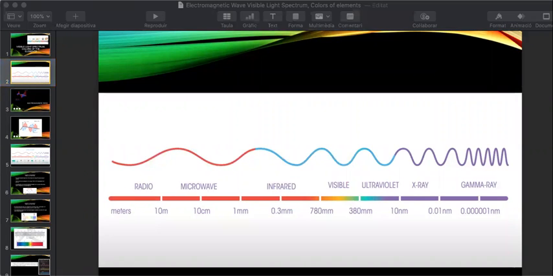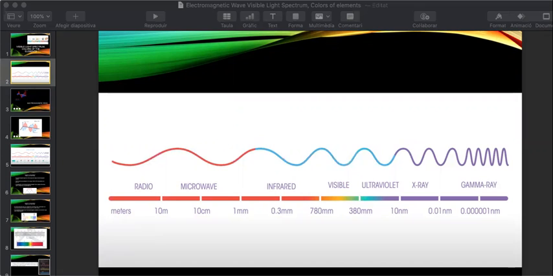Visible light, X-rays, radio waves, and microwaves are some of the types of electromagnetic radiation. All of these consist of energy propagated by electric and magnetic fields that increase and decrease in intensity as they move.